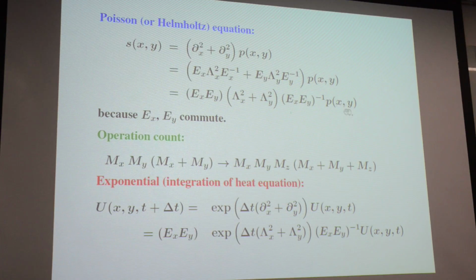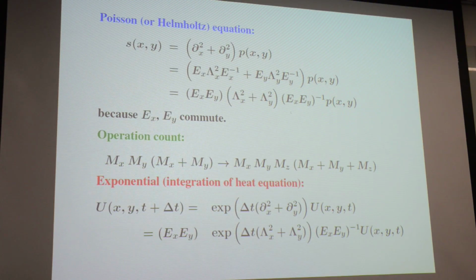We take this P_xy, we take it to eigenvector space in Y. That takes a time like n_y squared, but it is linear in X. We take it to eigenvector space in X. That takes a time like this.